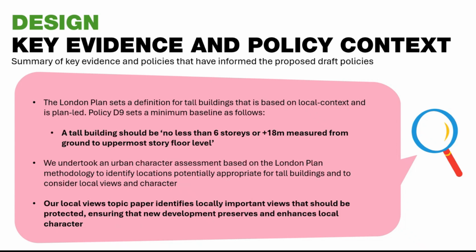However, now the London Plan specifies that tall buildings will only be permitted where locations that are potentially appropriate have been identified by local authorities. So it means that on the map that we have published as part of this consultation, new tall buildings would only be allowed in those locations.